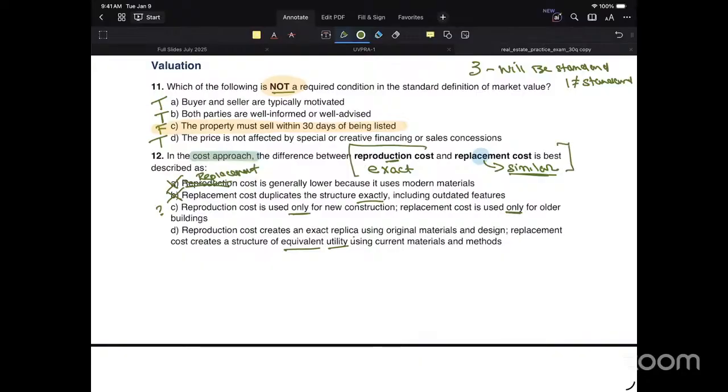D is exactly what I said. So although I was already right, I didn't really like the only in C because it's not always true. C is not our answer. Our answer, in fact, is D. Our answer is D, 412.